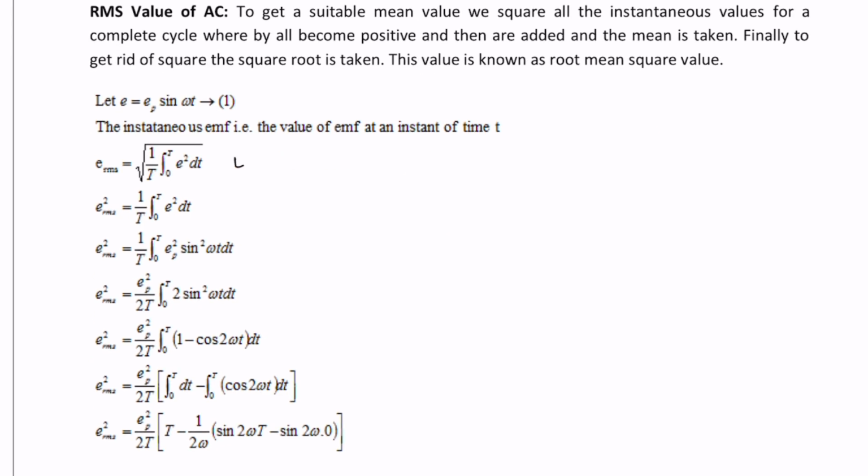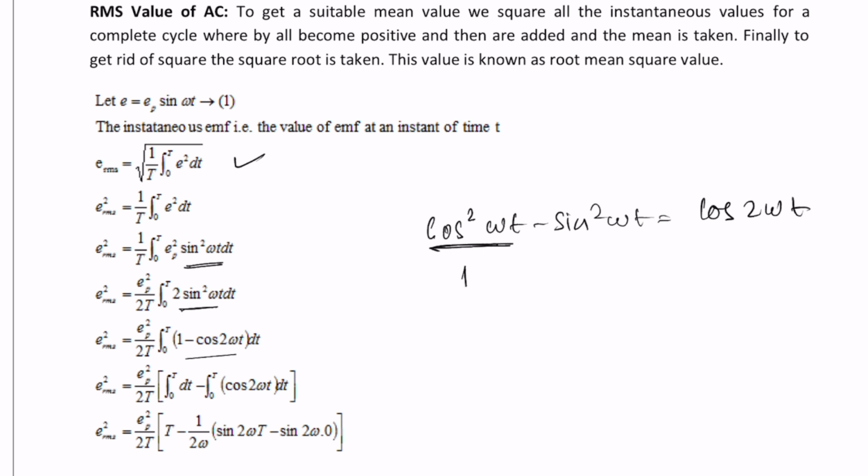So this is the integration of sin square omega t. Now 2 sin square omega t is 1 minus cos 2 omega t. There is a beautiful formula for this. When it is a square and we have to convert it, just remember one thing: cos square omega t minus sin square omega t equals cos 2 omega t. Since you have sin square omega t, convert cos square omega t to 1 minus sin square omega t.